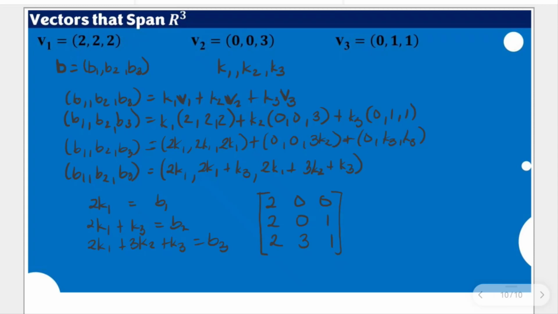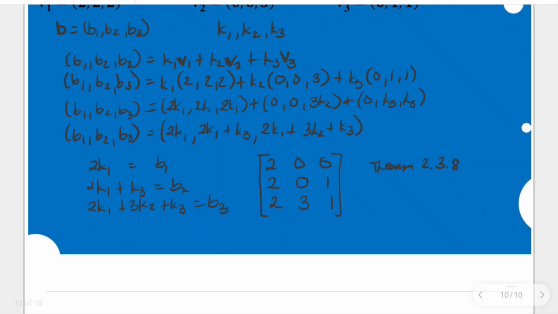According to theorem 2.3.8, we can establish that a linear system AX equals B is consistent, meaning there exists either exactly one solution or infinitely many solutions.